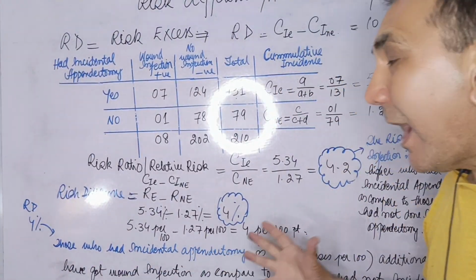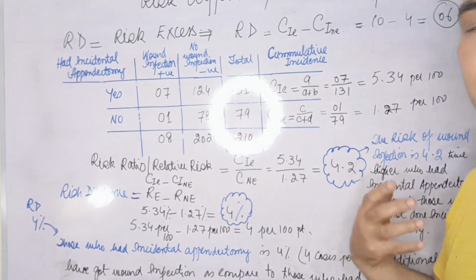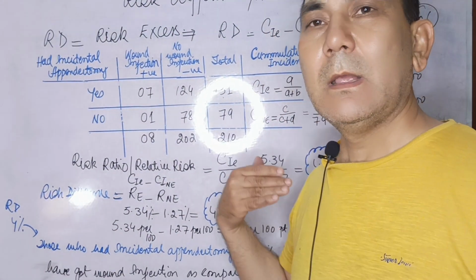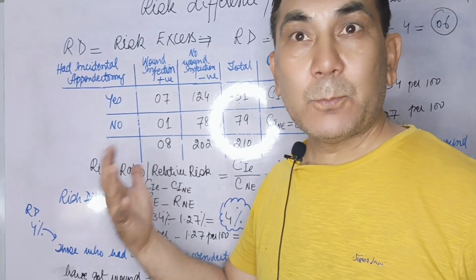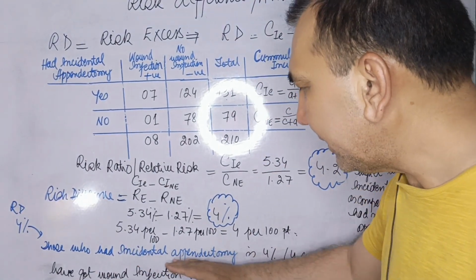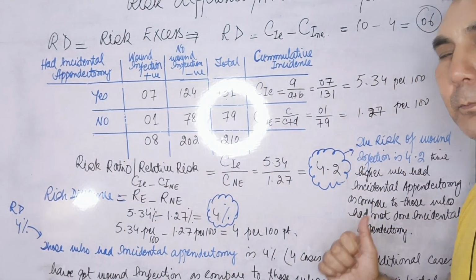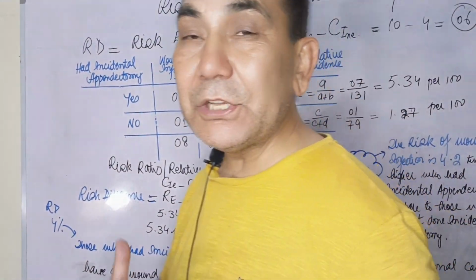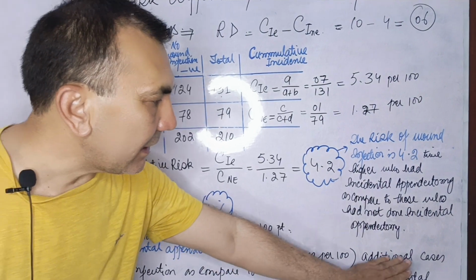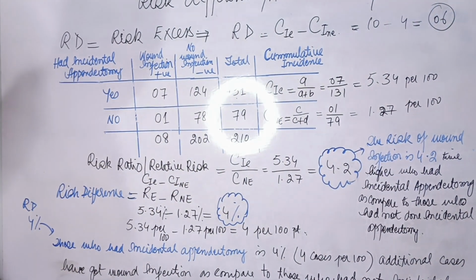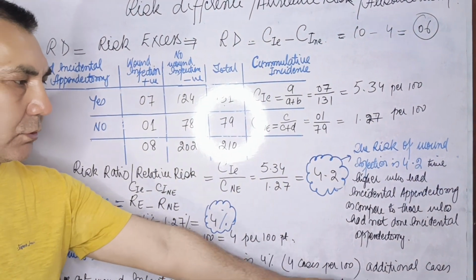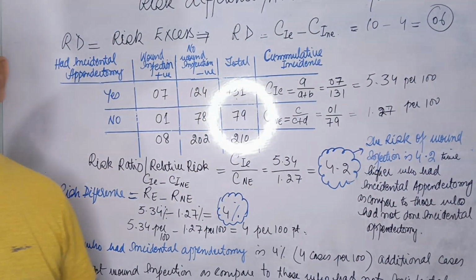So those who have done the incidental appendectomy, or those who have been exposed to the incidental appendectomy, is 4%, or you can say 4 cases per 100 additional cases. These additional cases have got the wound infection as compared with those who had not had the incidental appendectomy.